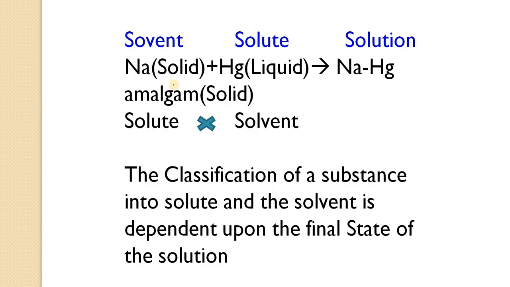From this example you will get a clear idea. Here solid sodium acts as the solvent and liquid mercury acts as the solute. The solution, sodium amalgam, is solid in nature. The physical nature of the solvent and solution should be the same, right? Now clear?